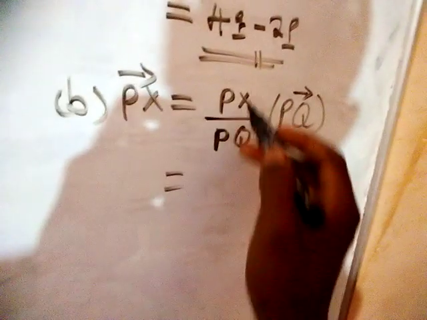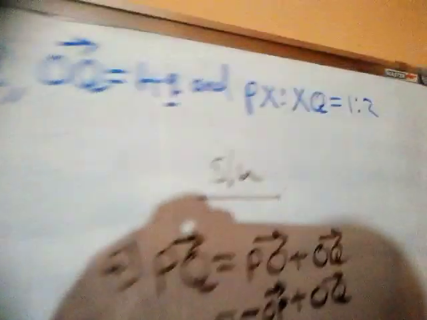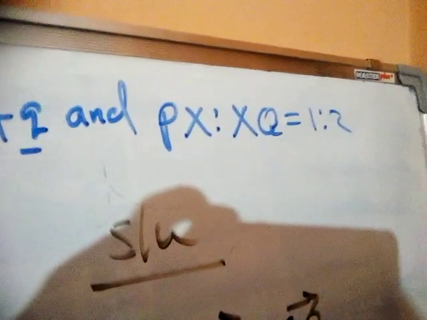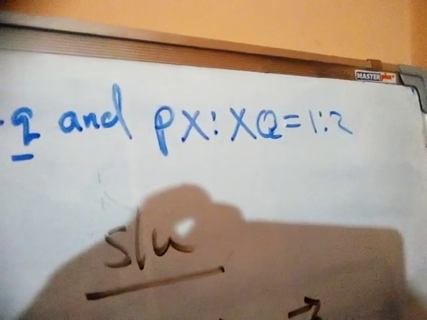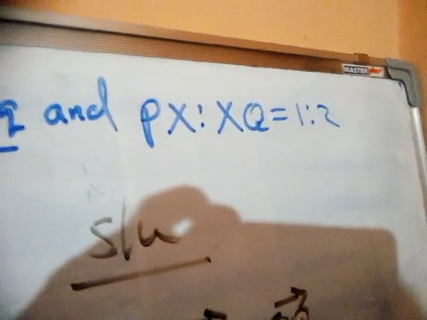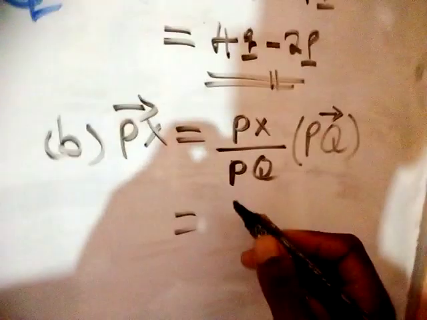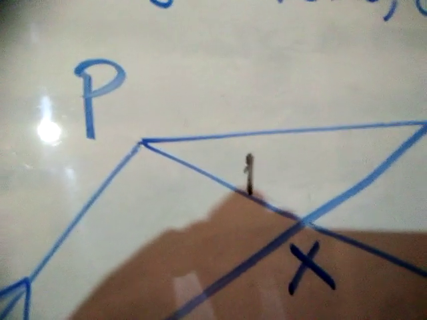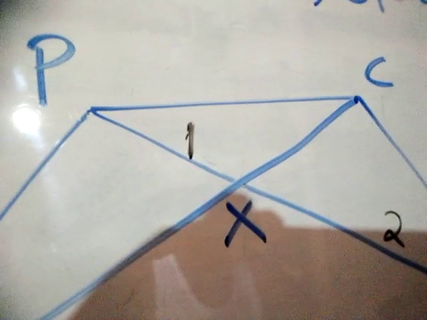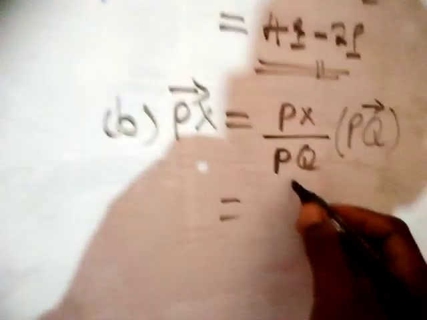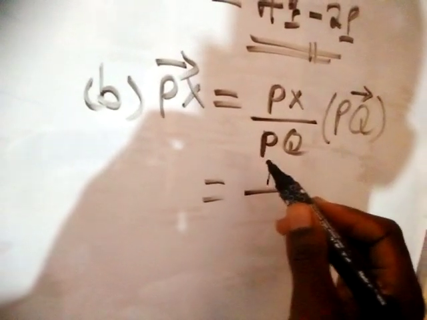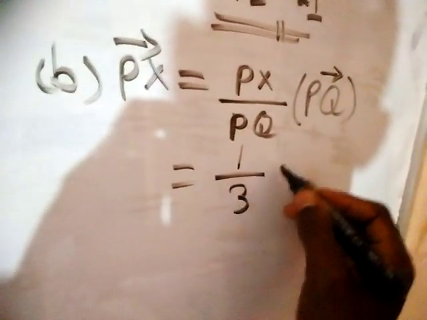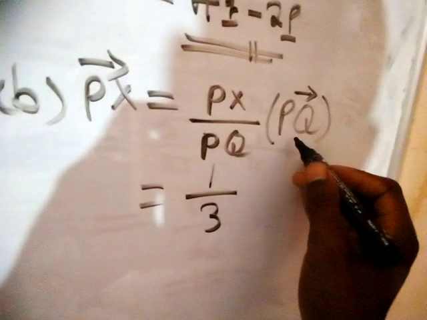Now observe, these are ratios here. PX is 1 and XQ is 2, meaning PQ is 1 plus 2, which is 3. So PX, from P to X, that is 1. So I'm going to write 1 here, out of PQ, which is 1 plus 2, a 3, of the vector PQ.